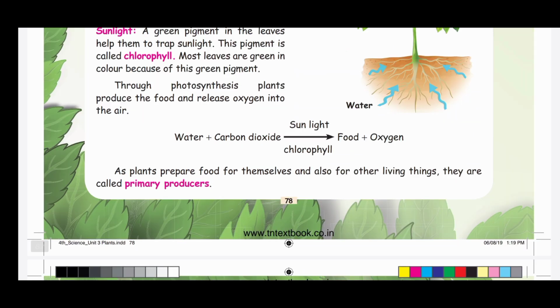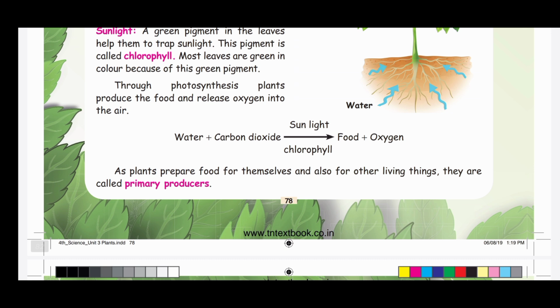So all three, and water is getting in through the roots. Getting all this in, it is producing food and leaving out oxygen. So water plus carbon dioxide, in sunlight and chlorophyll, gives food plus oxygen. So the output is food and oxygen. To get these two, we need water, carbon dioxide, sunlight and chlorophyll.